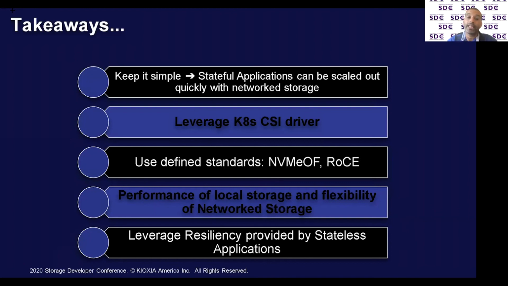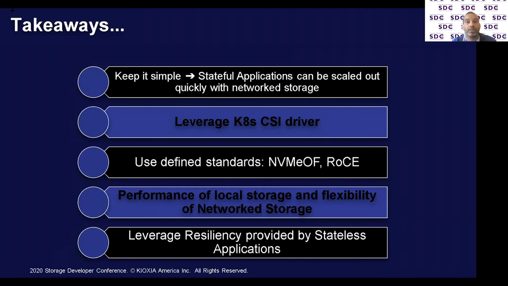We also see that performance of network storage is almost the same as local storage, although I could not test it for the sake of time, but it stays the same. The delta is negligible. Then stateful applications natively provide resilience.